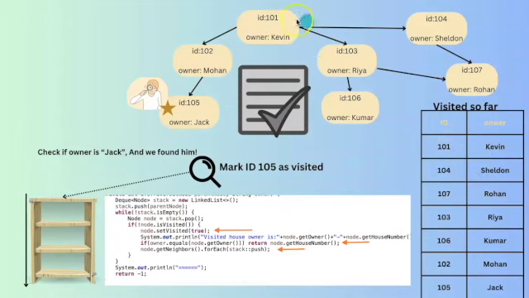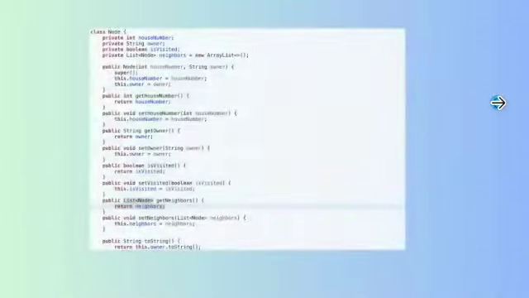So this is how it went: 101, 104, 107, then backtracked, then 103, 106, then again backtracked to 102 and 105. And also you remember that it never visited a node which was already visited. So it avoids duplication.